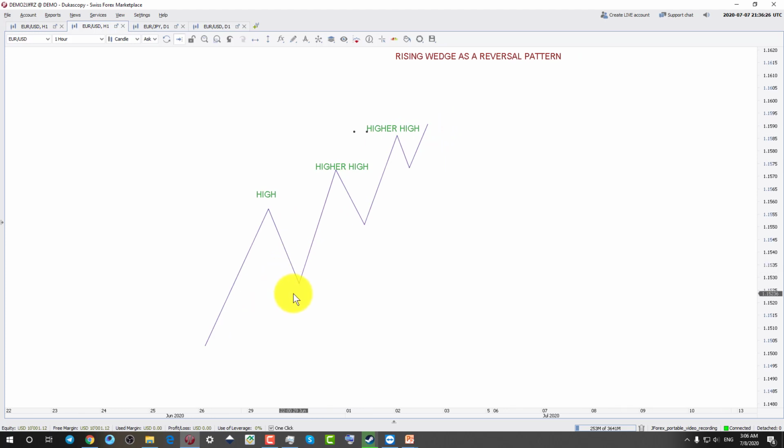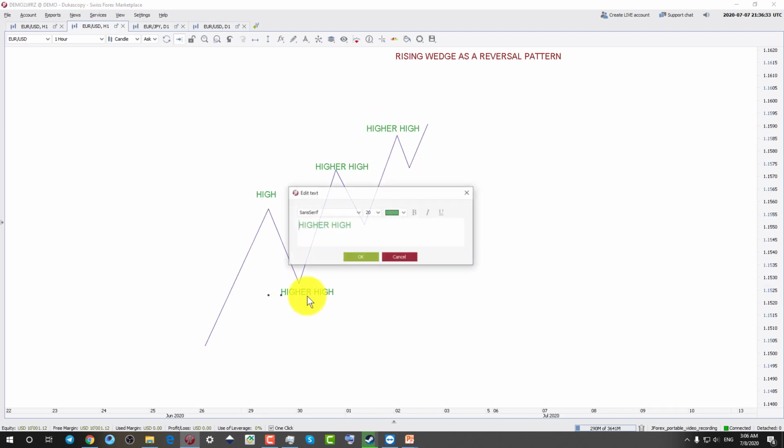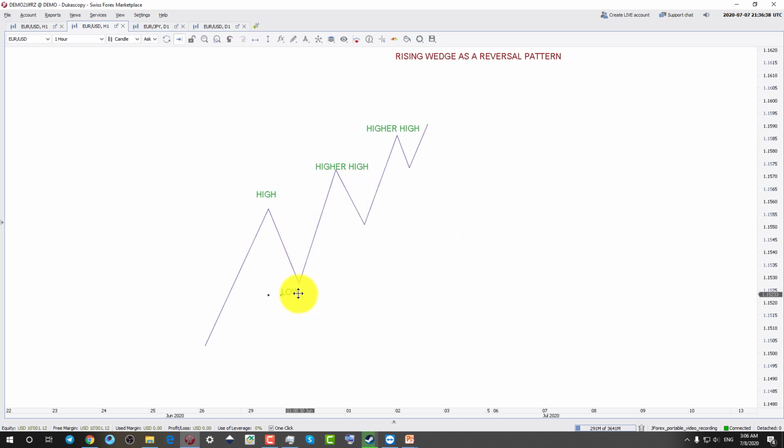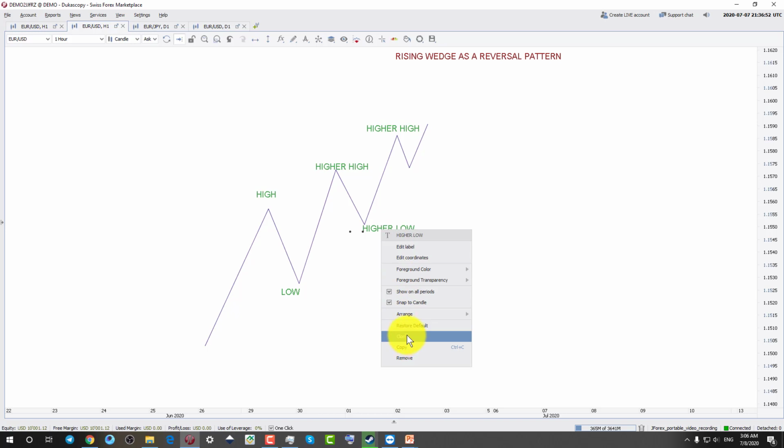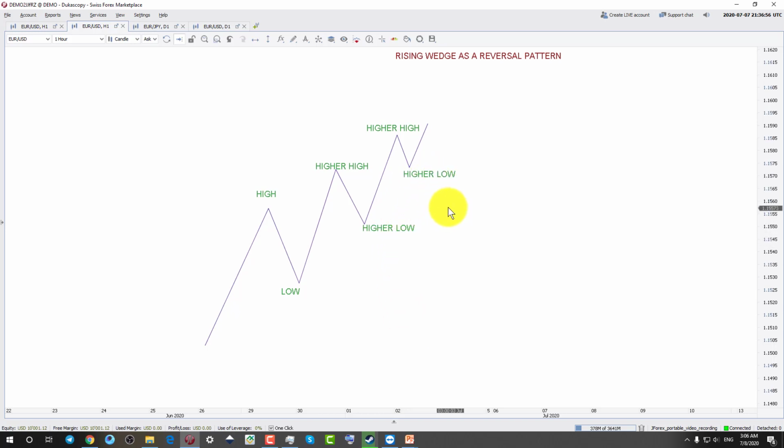So if we say that this here is the low, then this one becomes a higher low, and this one becomes an even higher low. Now this is a trend in force.